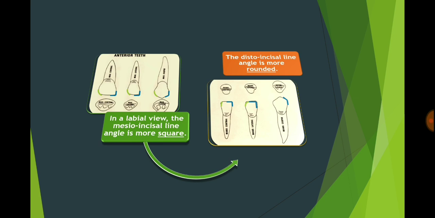Remember, because the mesial surface is straighter than the distal surface, when the mesial surface and the incisor surface meet, they're going to form more of a square, almost like a 90 degree angle. So the mesial incisor line angle is more square in the labial view of anterior teeth, and the distal line angle is more rounded. So remember, distal is rounded.